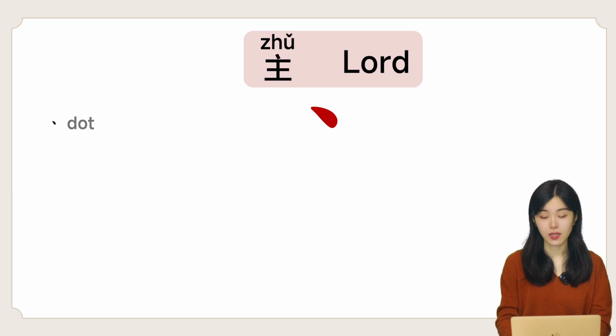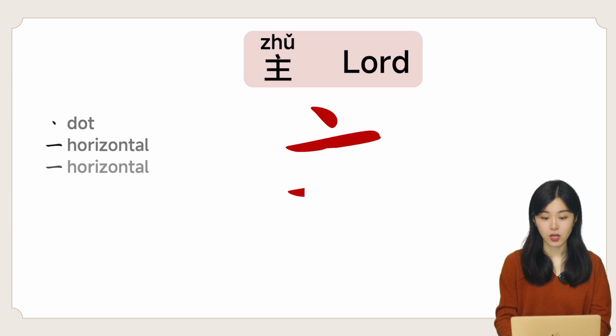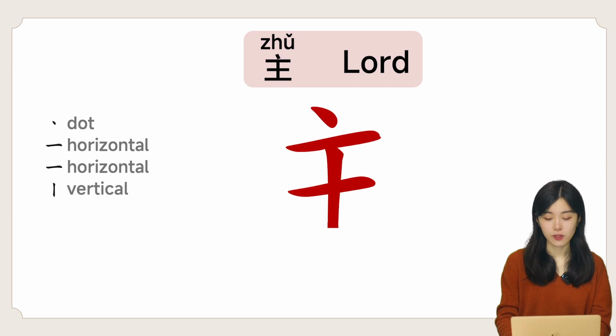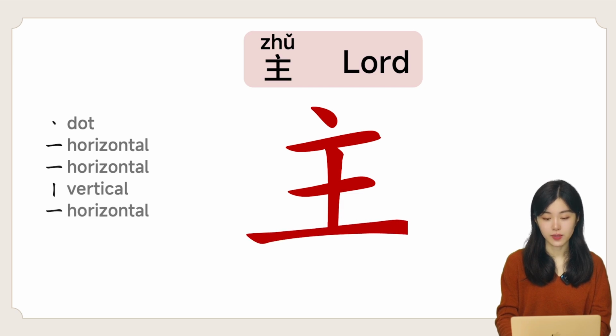Short and quick, like drawing a small dot. Next we write the horizontal stroke on the top. Next, the horizontal stroke in the middle. Then we write the vertical stroke, going through the middle of the two horizontal strokes. Finally, the horizontal stroke on the bottom. Great.